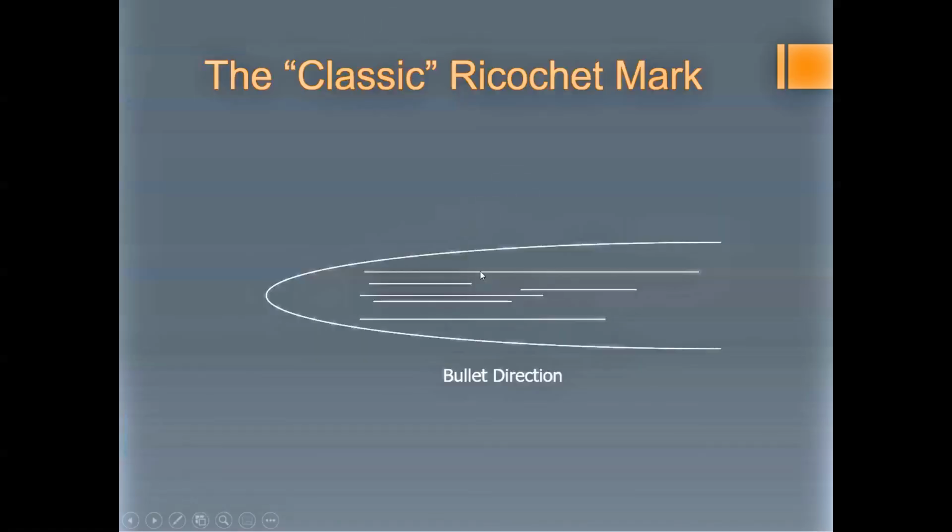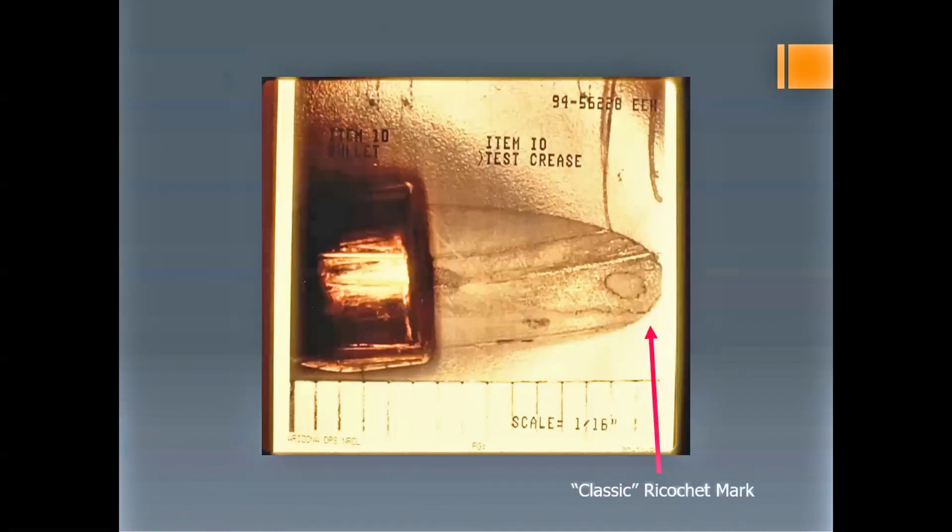Here's our classic ricochet mark, right? We have this symmetrical point of impact, our bullet direction, left to right. Okay, our classic ricochet mark.